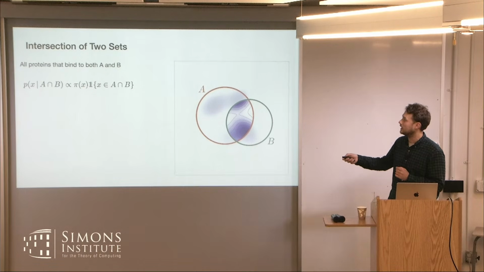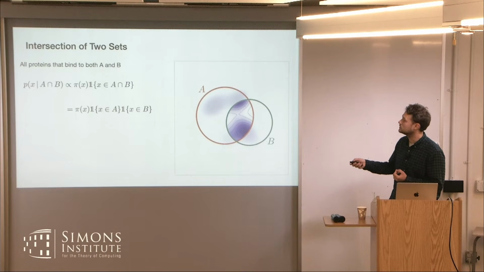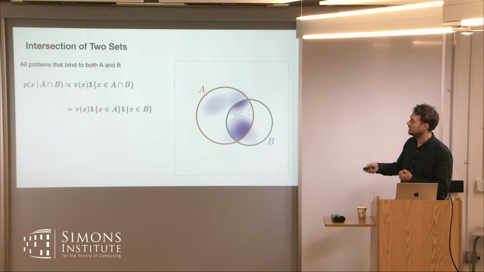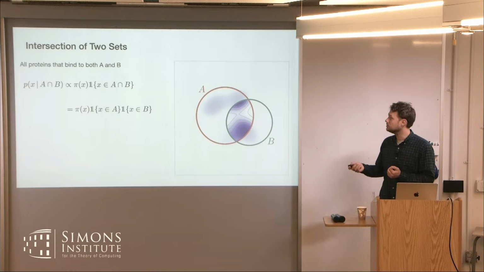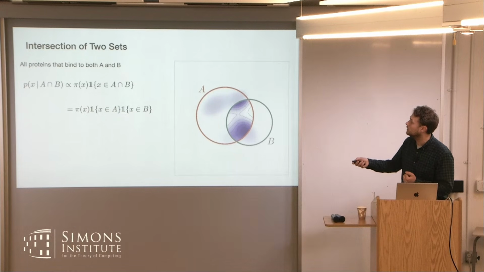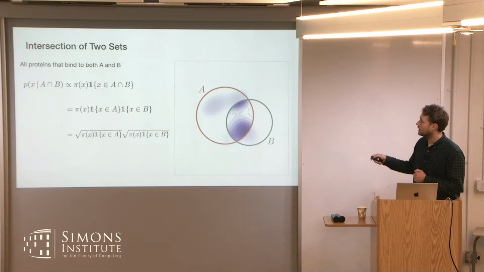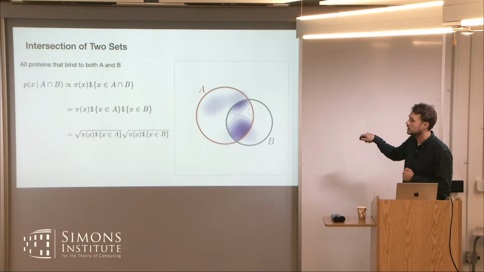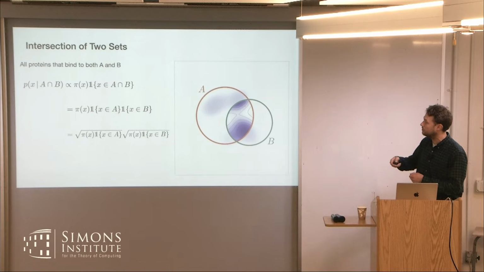We have here the indicator function that we can split in two. We can split it into the indicator that x belongs to A and the indicator that x belongs to B. It's clearly the intersection, because this thing is one only when x belongs to both A and B. Then we can split it further. We can think of pi of x here as the square of the square root of pi of x.